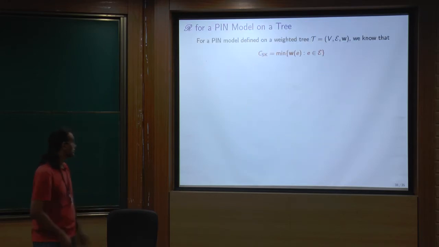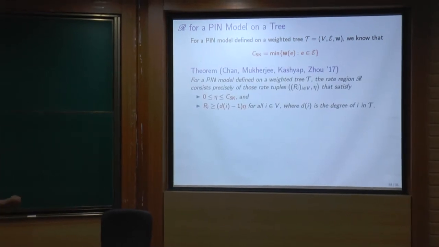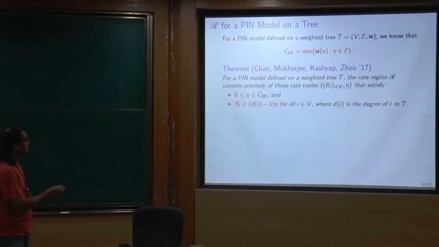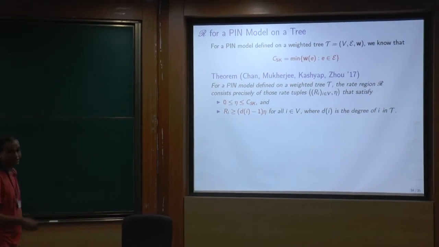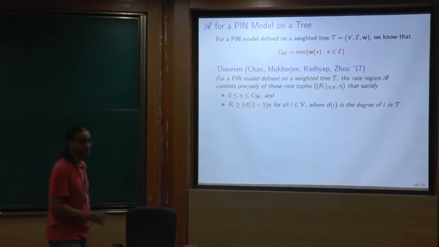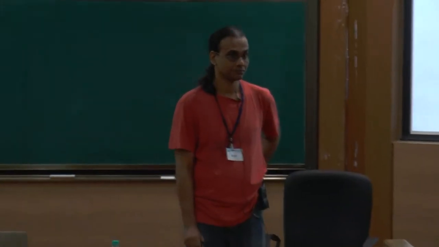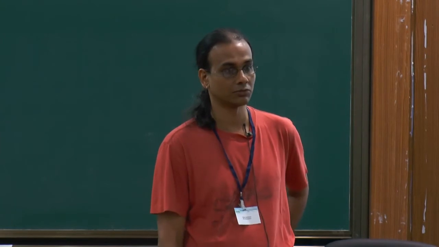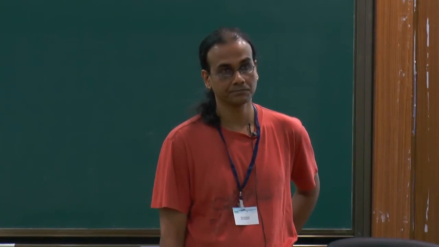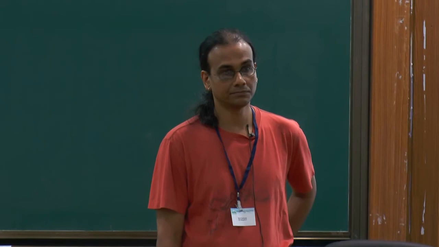Finally, that result also allows us to completely characterize the rate region for a PIN model defined on a tree. If the underlying graph is a tree, it completely characterizes the achievable discussion rate region. It is precisely what we can get using spanning tree packing. Spanning tree packing is the optimal protocol there. All the rate points in that region are precisely those that are achievable using spanning tree packing, and there are no other rate points.